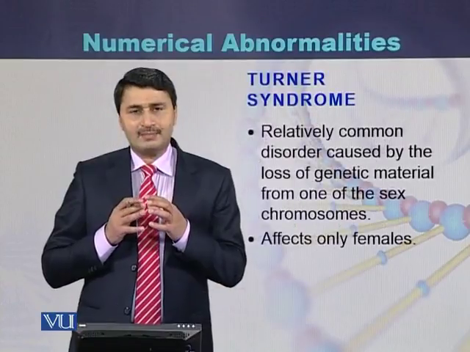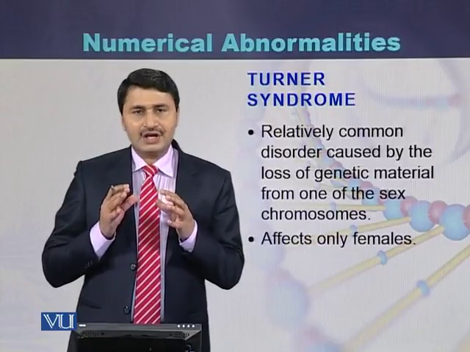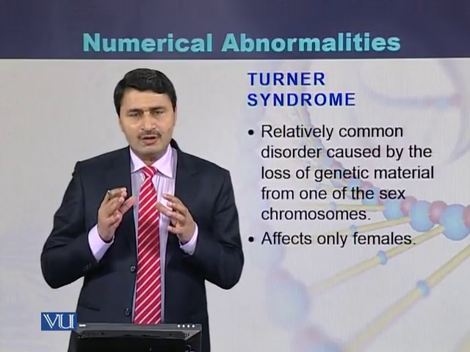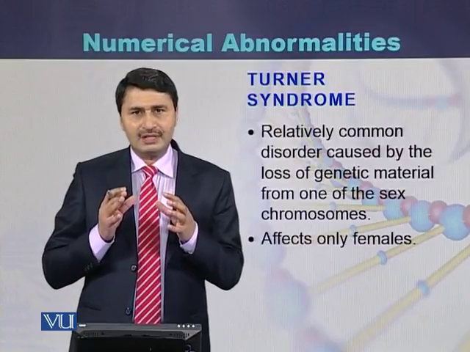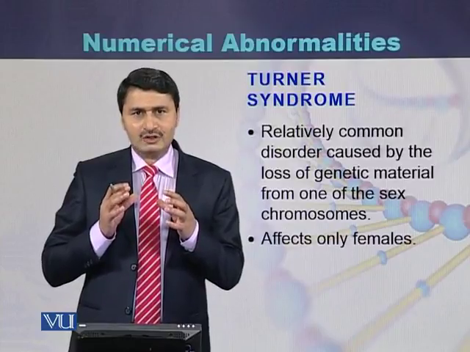The second example of numerical changes in the chromosomes is Turner syndrome. Turner syndrome is another syndrome which is found in females, due to a variation in the sex chromosome.